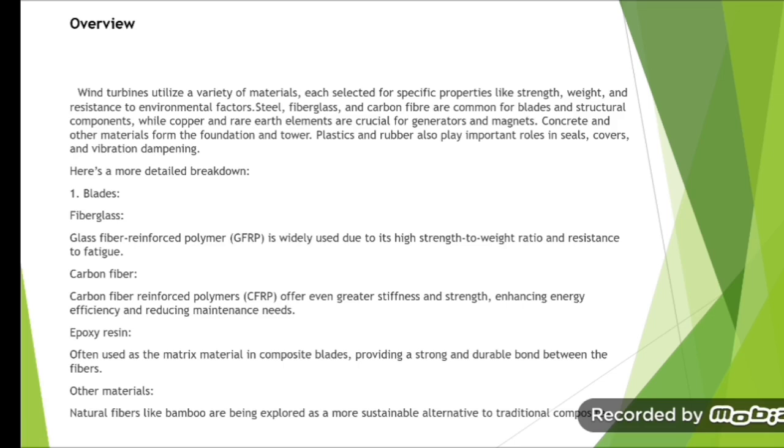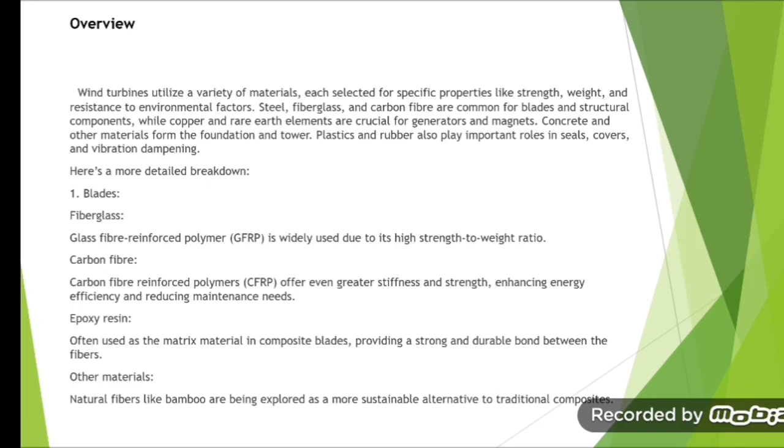Steel, fiberglass, and carbon fibers are common for blades and structural components, while copper and rare earth elements are crucial for generators and magnets. Concrete and other materials form the foundation and tower. Plastic and rubber also play important roles in seals, covers, and vibration dampening.